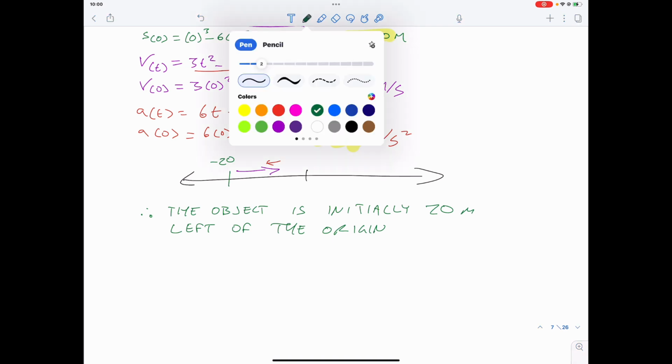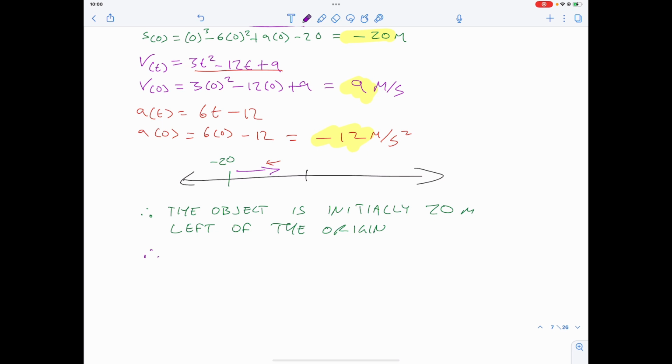I'm going to say that the object is initially moving right at a speed of 9 meters per second.